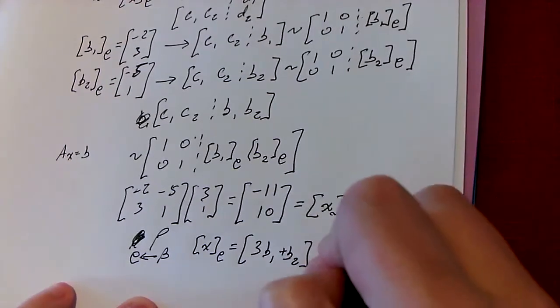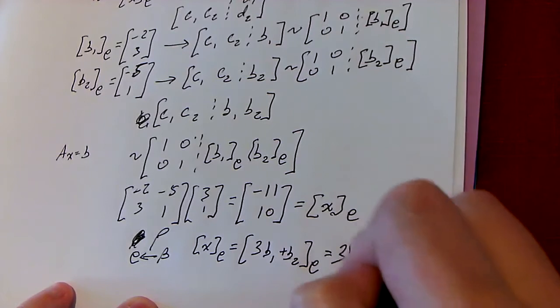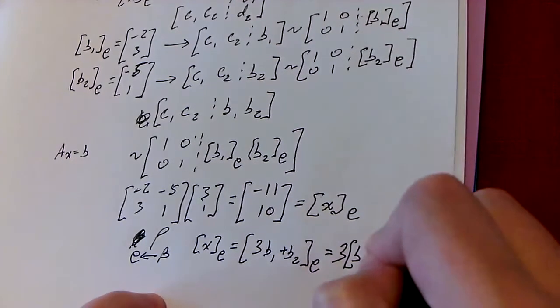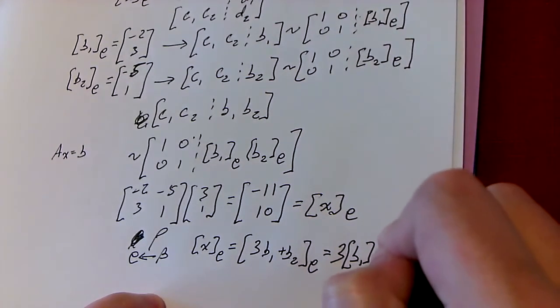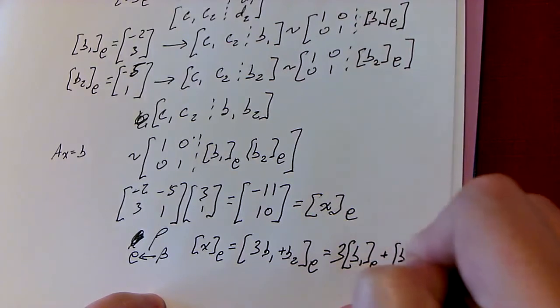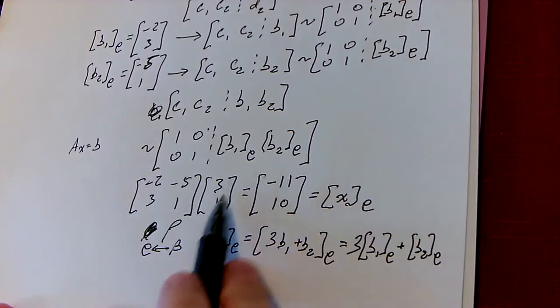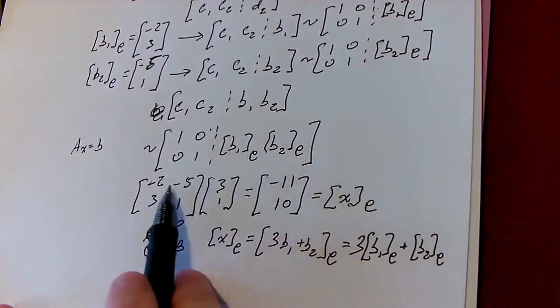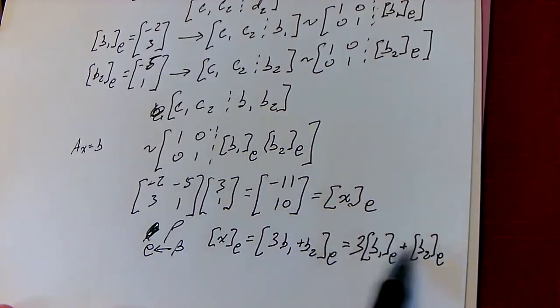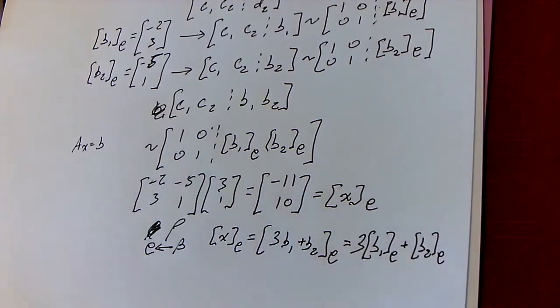When I do that, I'm going to get 3 times B1's coordinate vector, and then B2's coordinate vector. So we can see this is the 3, 1 that's being multiplied by the two coordinate vectors I found. We're using that vector equation and that matrix equation in concert to write those change of basis.